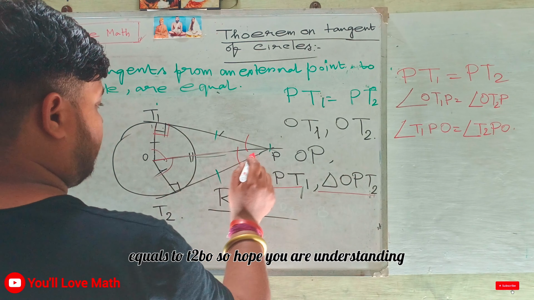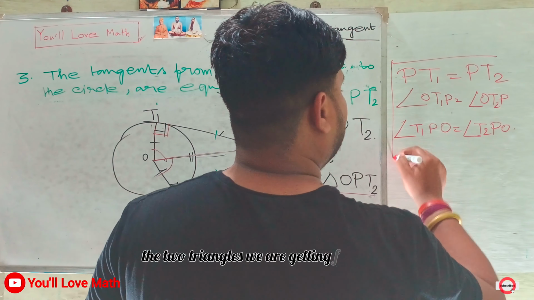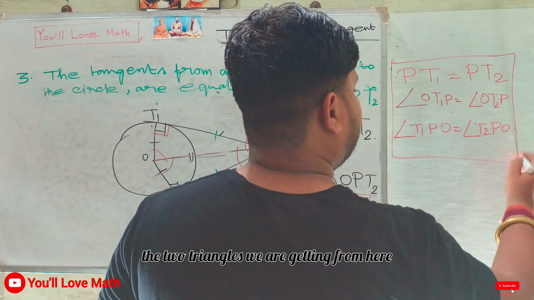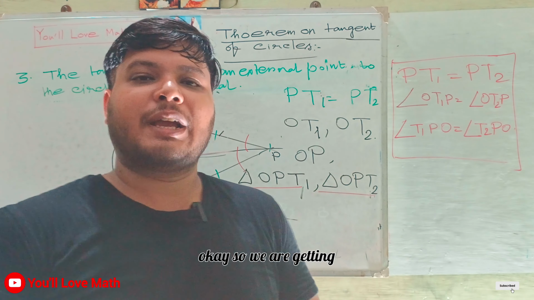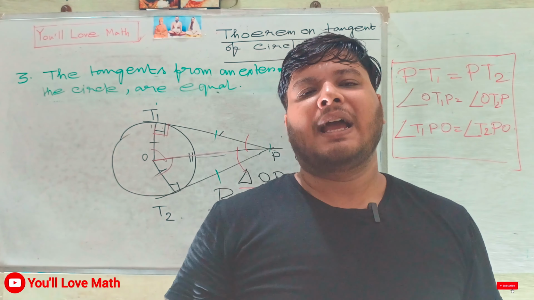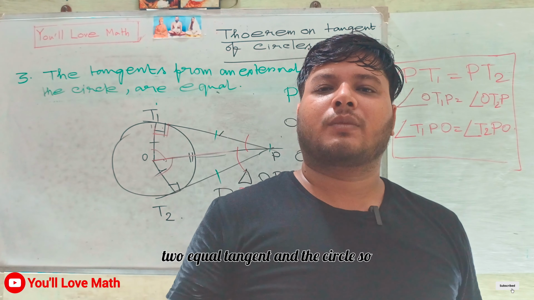So I hope you are understanding this result, or these corresponding values from the two triangles. We are getting that result from the two equal tangents to the circle.